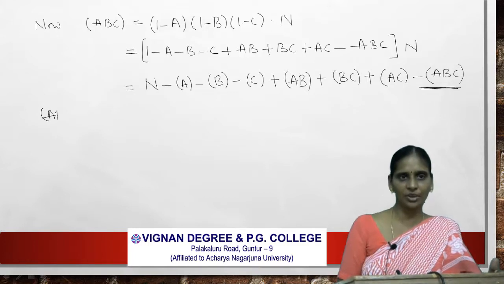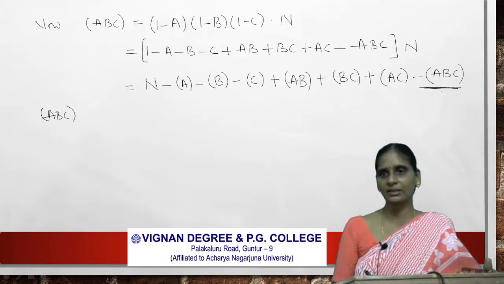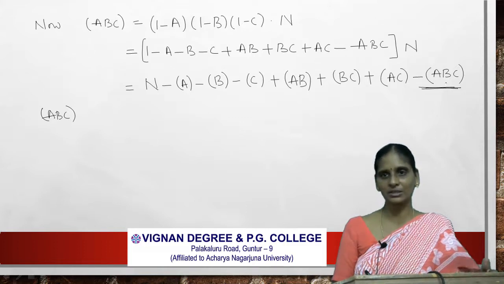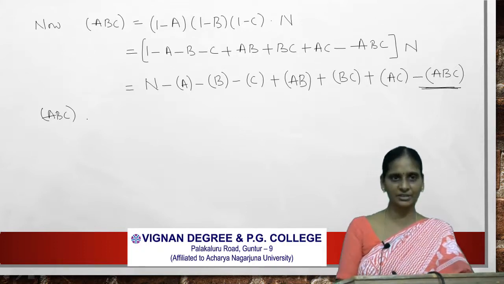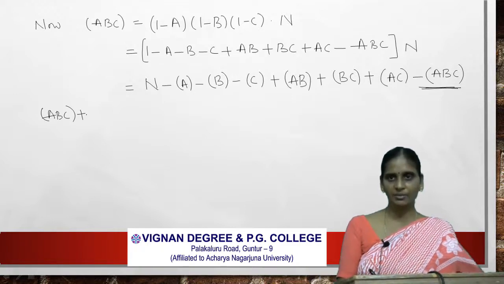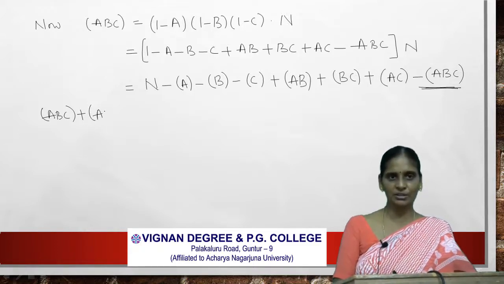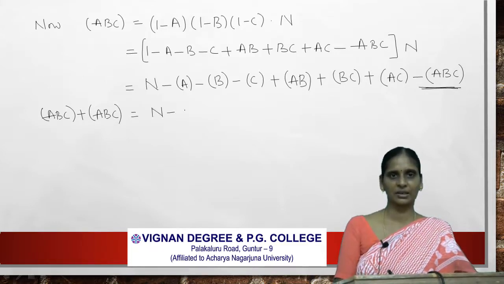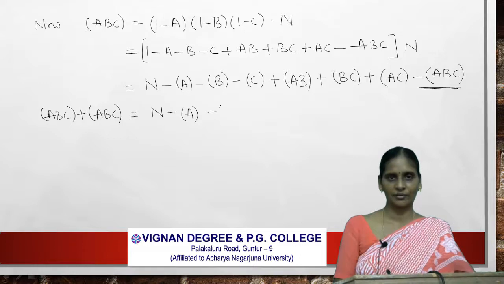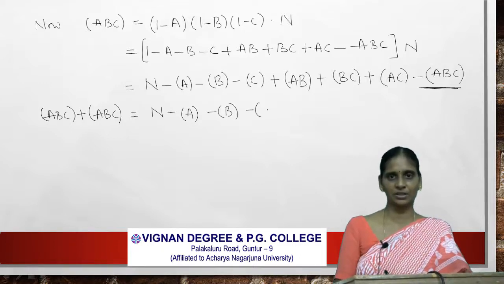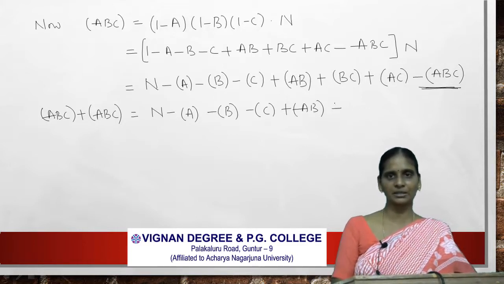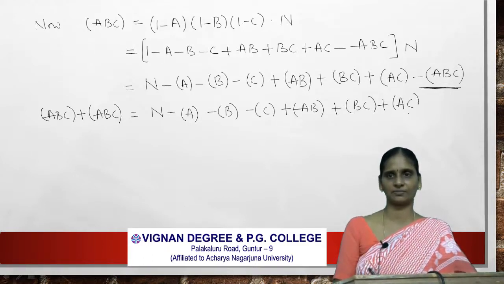The minus is converted into plus, so plus frequency of ABC is equal to n minus frequency of A, frequency of B, frequency of C plus frequency of AB plus frequency of BC plus frequency of AC.